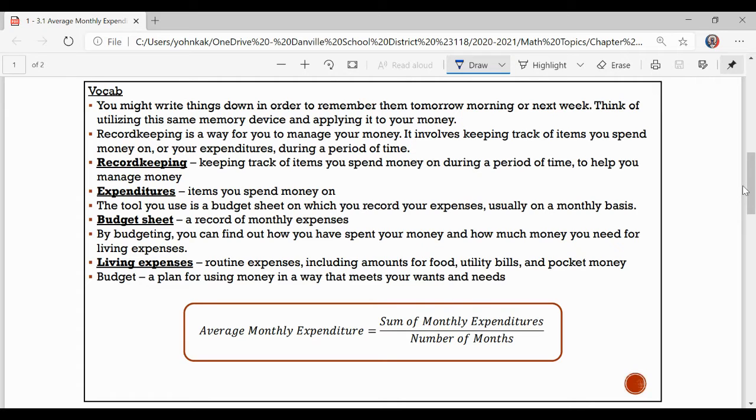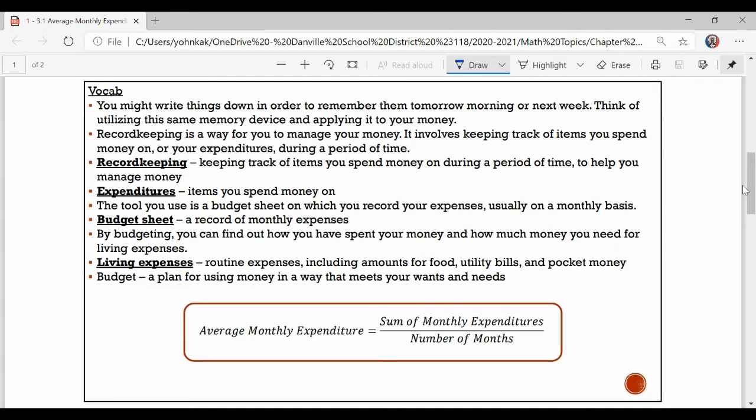All of this together is a budget, or a plan for using money in a way that meets your wants and your needs. So we're going to put all this information into a budget, and we can find out the average monthly expenditure pretty easily.